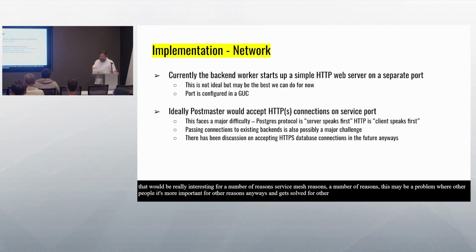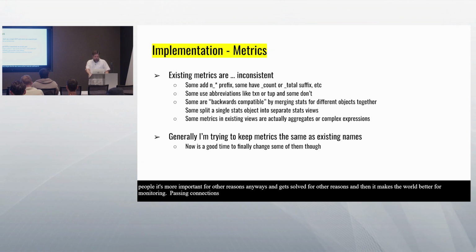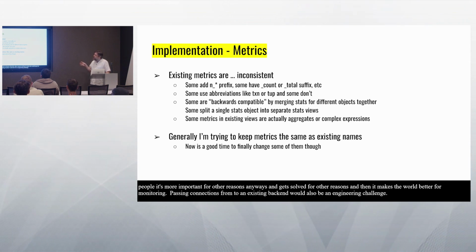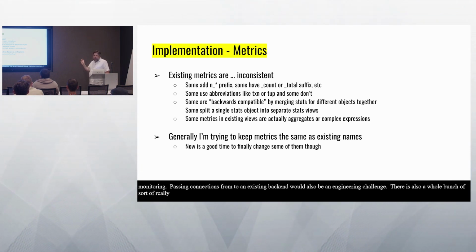Passing connections to an existing backend would also be an engineering challenge. There's also a whole bunch of really boring bike shedding issues. The metrics themselves have grown over the years, and their naming is really not consistent.